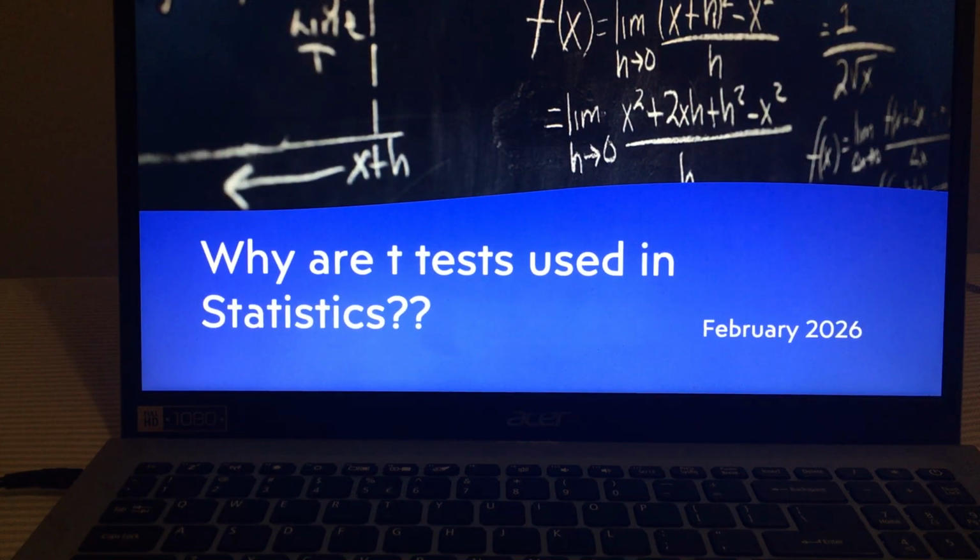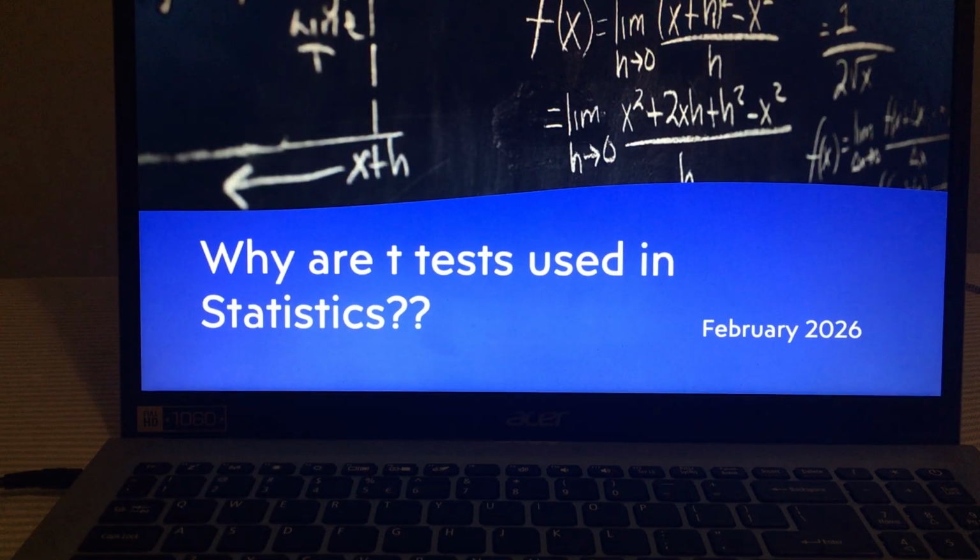And the key thing that Gossett figured, so again, his name was William Sealy Gosset. This is our student who developed the student t-test. The key thing that Gosset figured out is how we should accommodate the fact that we aren't completely sure what the true population standard deviation is.